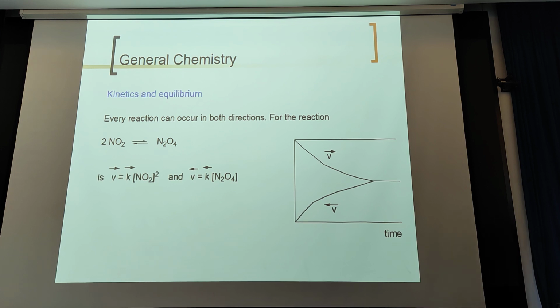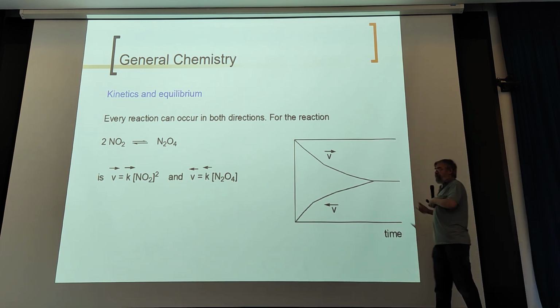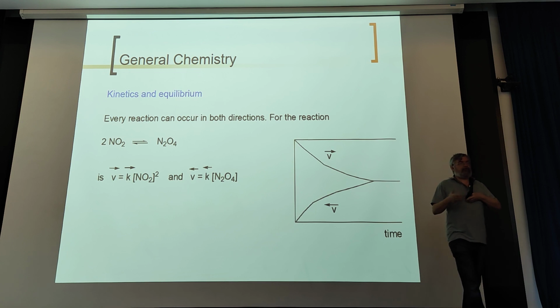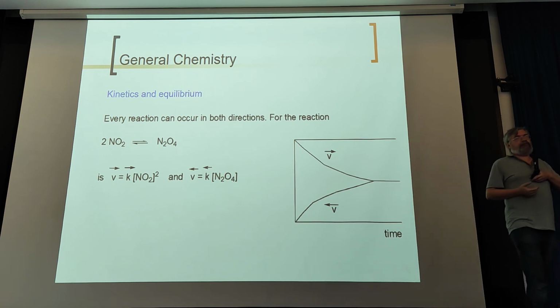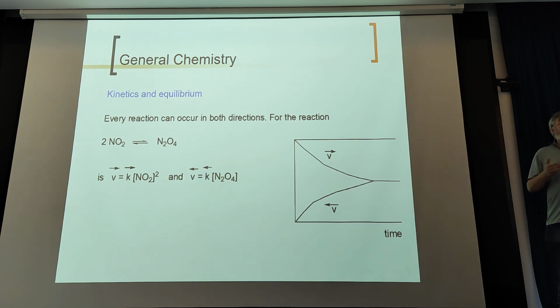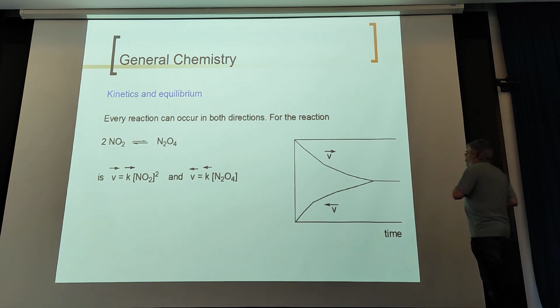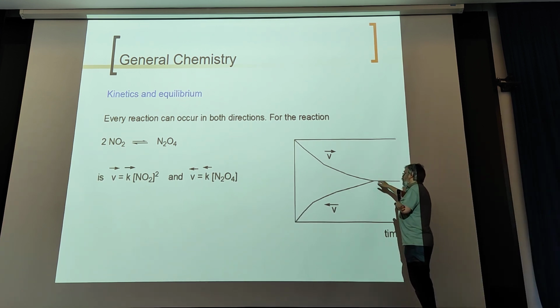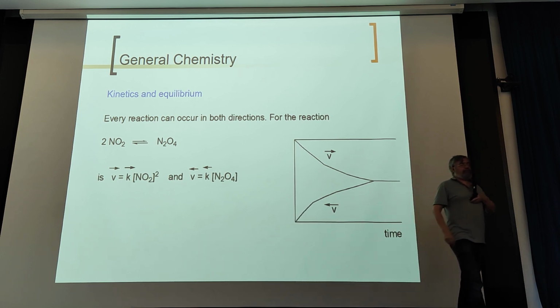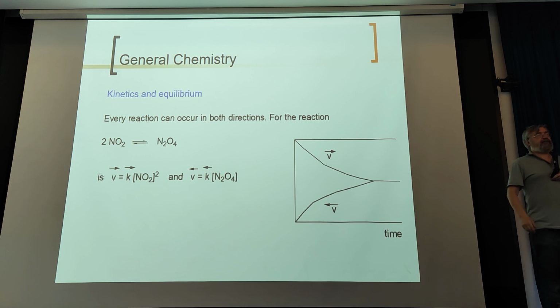You could define a speed going from left to right, reagents to products, and a speed going from right to left, products to reagents. And when we have reached equilibrium, the two speeds are actually the same at that moment.